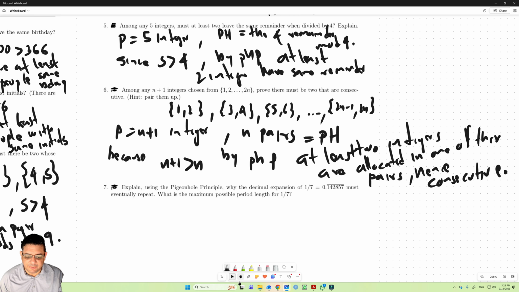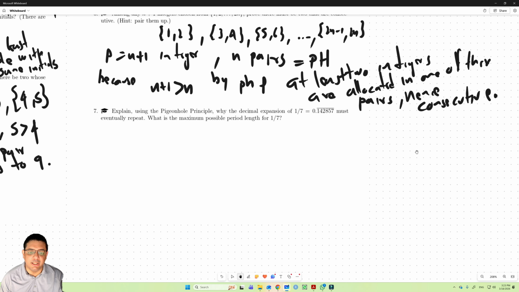Now, question number 7. Explain using the pigeonhole principle why the decimal expansion of 1 over 7, 0.142857 periodic, must eventually repeat. What is the maximum possible period length for 1 over 7?